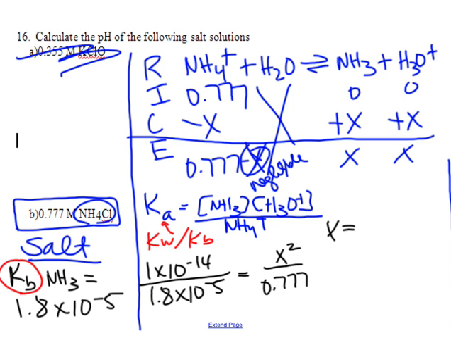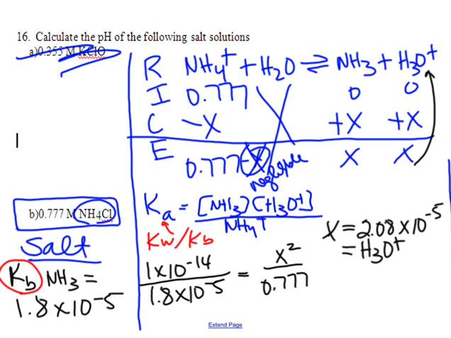x then is equal to, well, it's a concentration, so 2.08 times 10 to the negative 5th, and that's also equal to what? H plus.